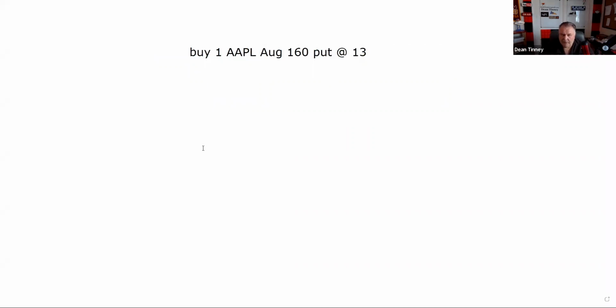Remember here, I'm buying volatility. I'm buying downward volatility. So I have to be right that Apple goes down. I have to be right that Apple goes down at least 13 points to cover my out-of-pocket cost, 147. And I got to be right about all of this taking place between now and expiry in August, expiration.